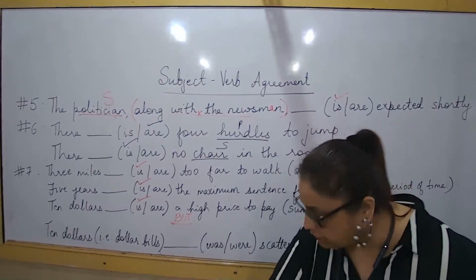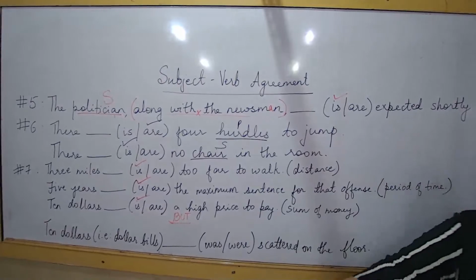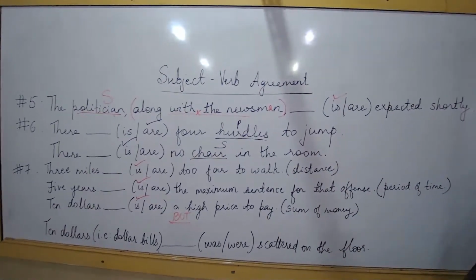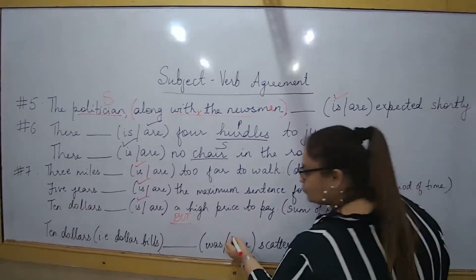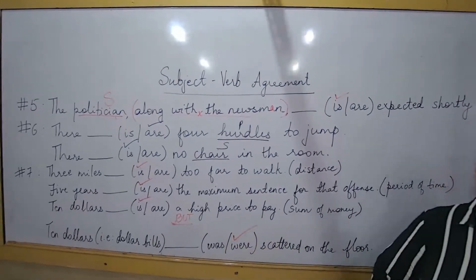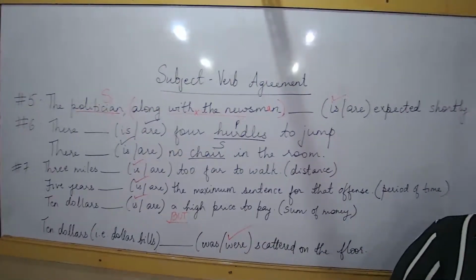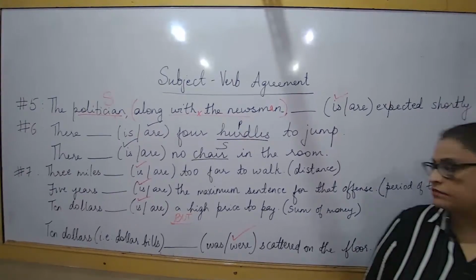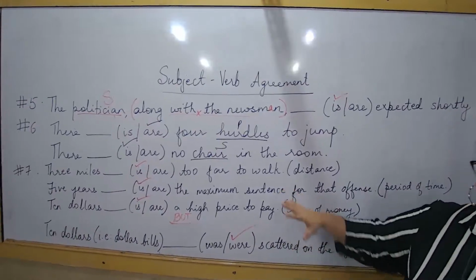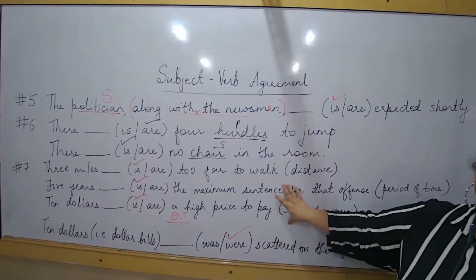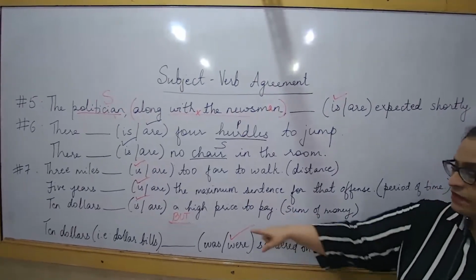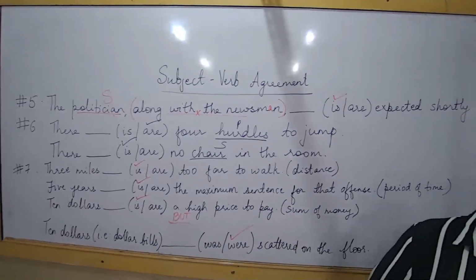We are talking about dollar notes were scattered on the floor. So here, it's not referred to as 1 unit. So that's why here we will use the plural verb, because we are talking about notes. There are a lot of notes on the floor. That's the difference. So it will be as per the sentence. When it's treated as 1 unit, you will use a singular verb. When it is not, then you will use a plural verb.